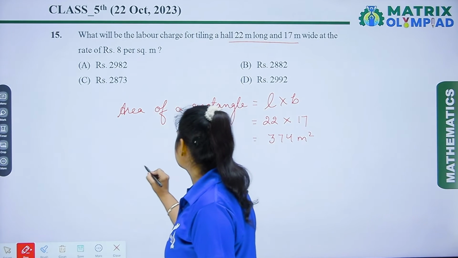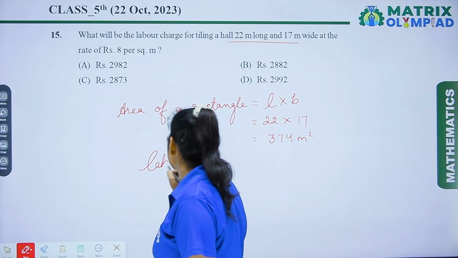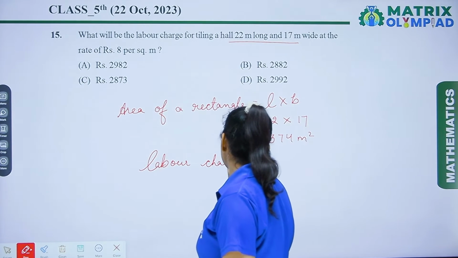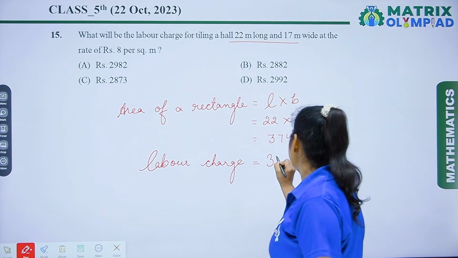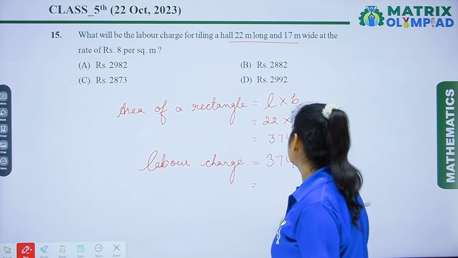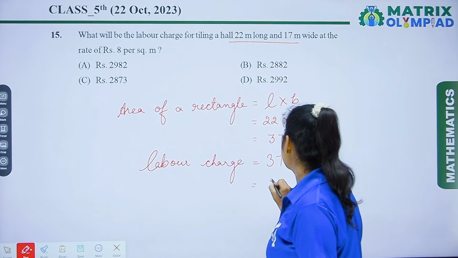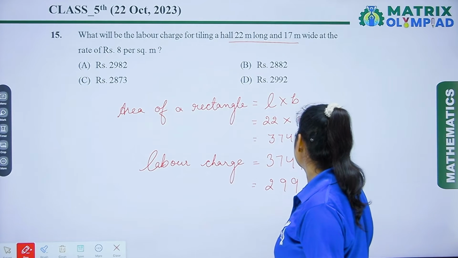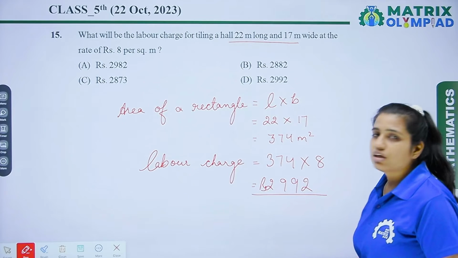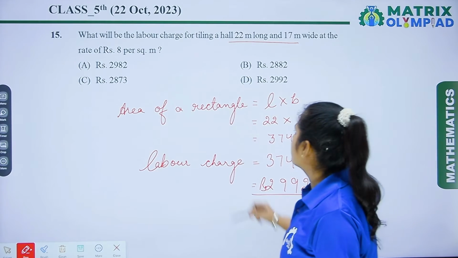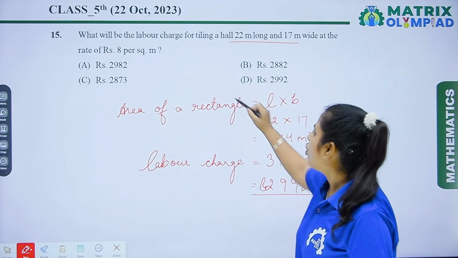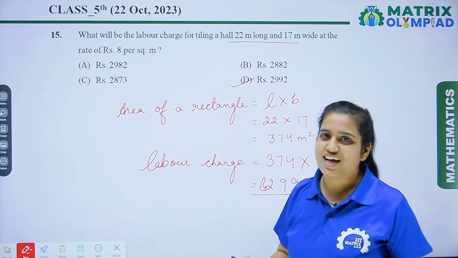To find the charges, let's multiply 374 by 8. After multiplication, we get 2,992 rupees. So let's check the options. Here, option D is the correct answer.